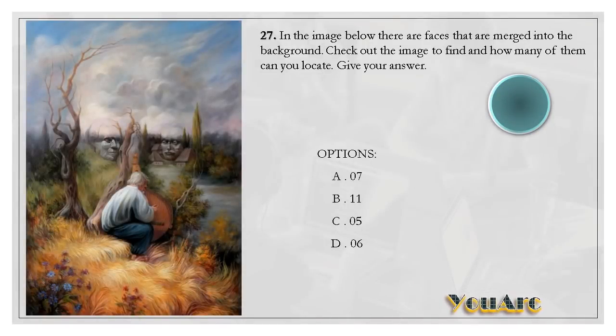So let's discuss 17 mark PTQ questions. In the image below, there are faces that are merged into the background. Check out the image to find how many of them you can locate. So give me the answer.